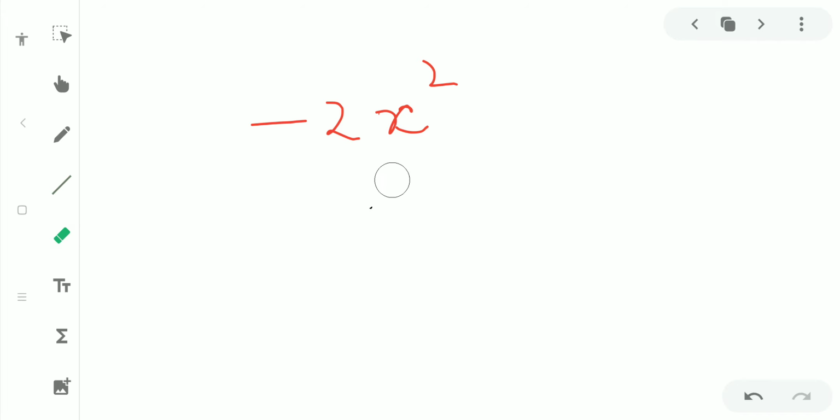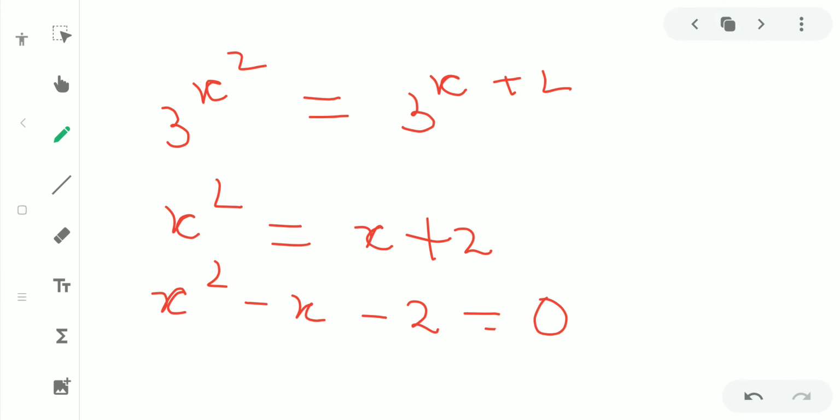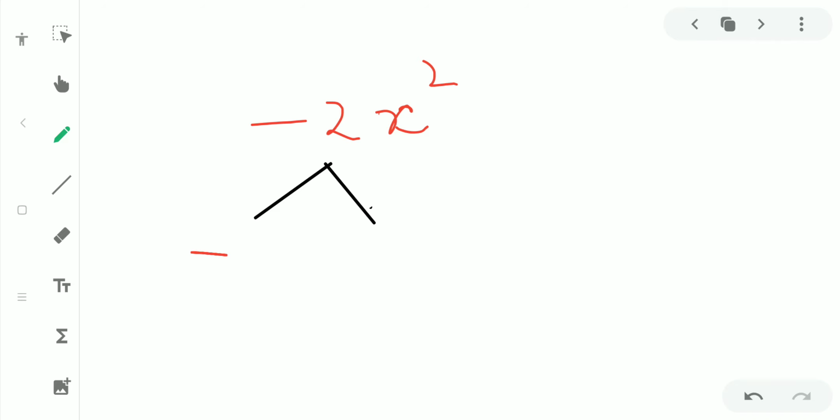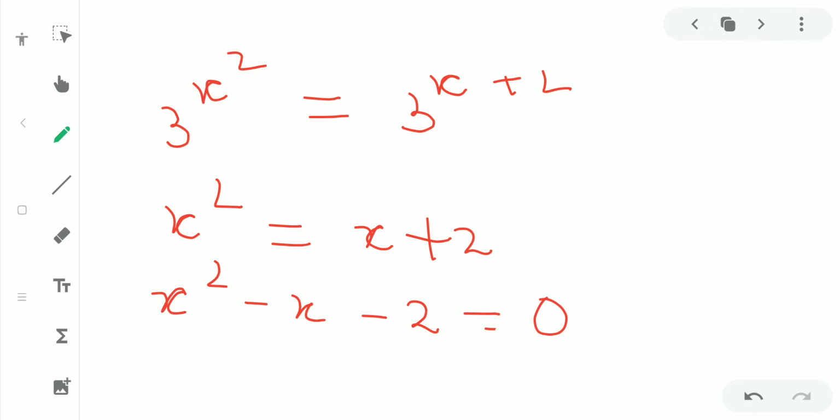Let us see. Minus 2x plus x, so minus 2x plus x is nothing but minus x.